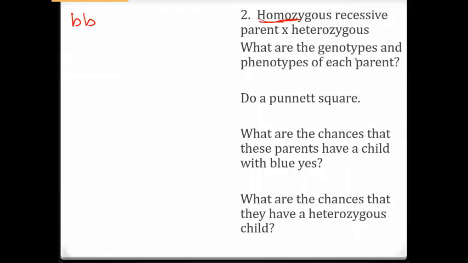And they also asked for the genotype and the phenotype of the parent. So we know little b, little b has to be the blue eyes because there's no capital B there. Our other parent is heterozygous. Heterozygous means different. So we have 1 of each. And because of the capital letter there, we know that they have brown eyes. So we've completed question 1 there.